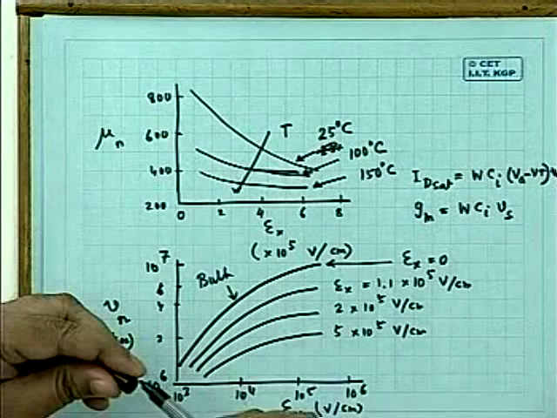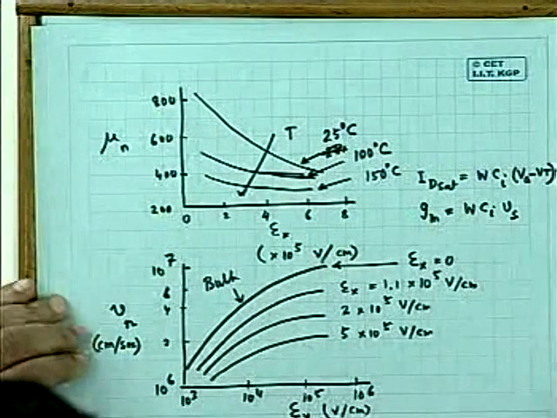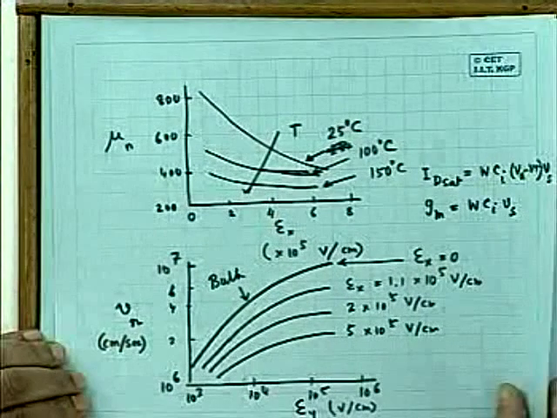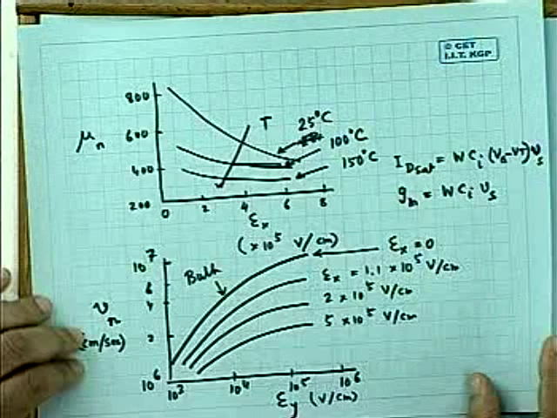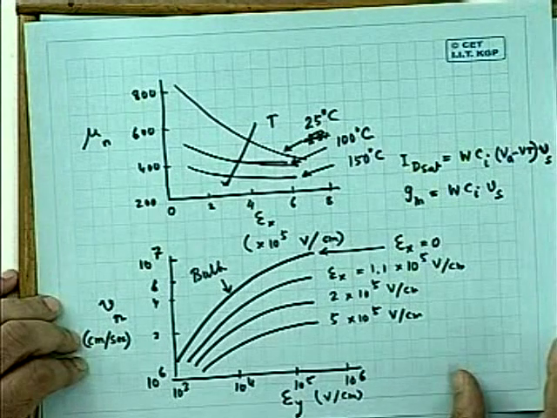So what I just wanted to mean is that in the case of MOSFETs, the mobility models are more complicated than the mobility models which are normally used in the case of BJT. Because now the surface carriers, the carriers in the inversion layer, their motion is sensitively governed not only by the lateral field, which becomes very high at the pinch off region, but also by the transverse field.